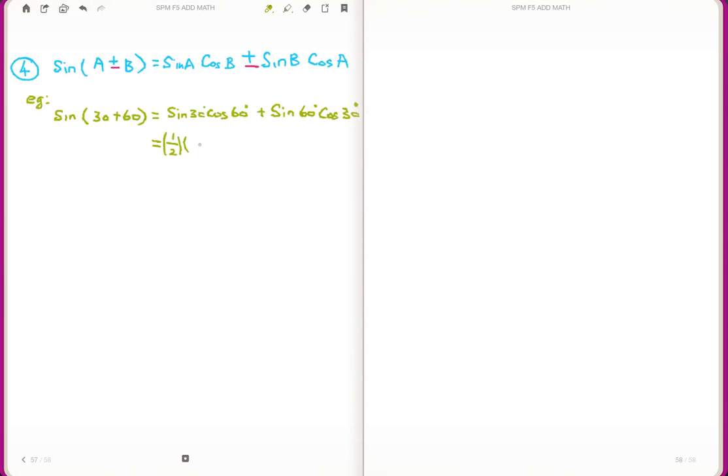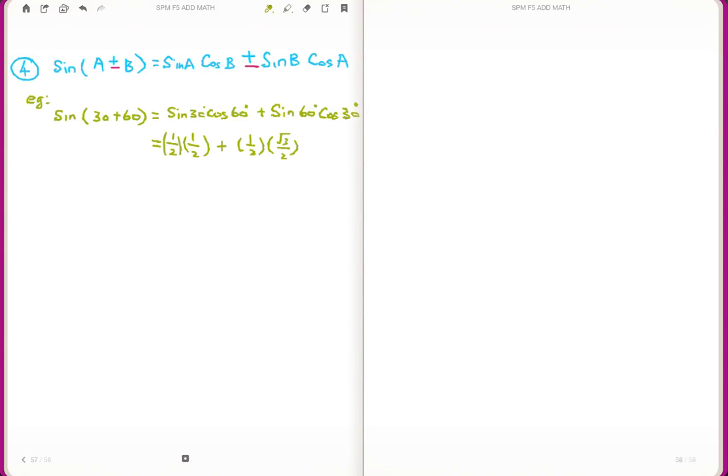Cos 60 is 1 over 2. Yes, correct, they are the same. Plus 1 over 2 times root 3 over 2. Wait, did I make a mistake?